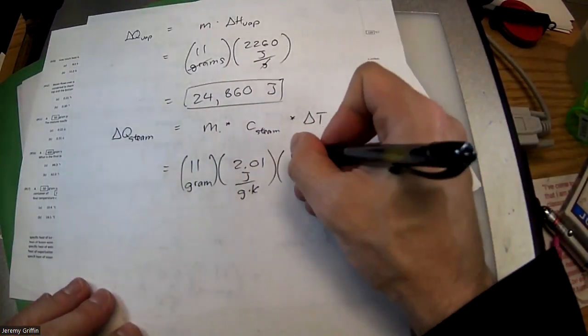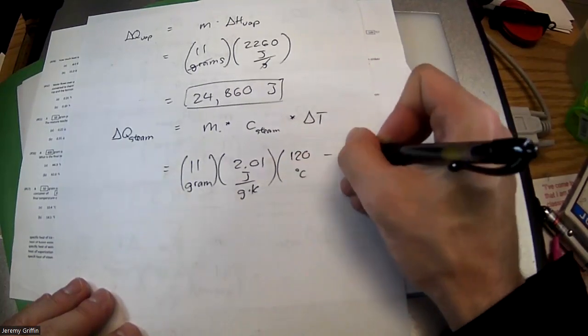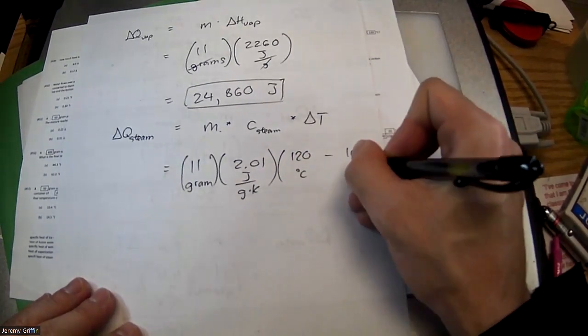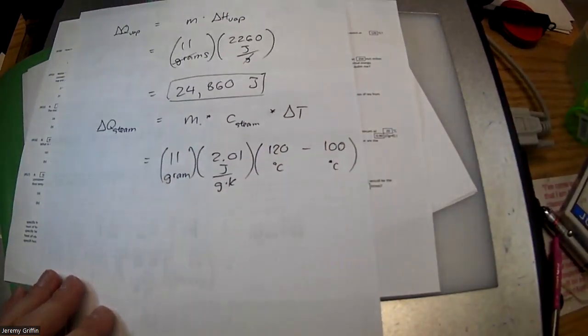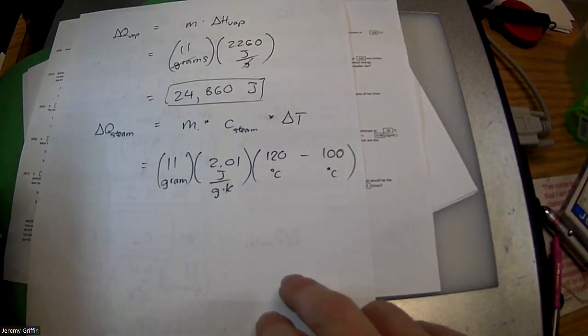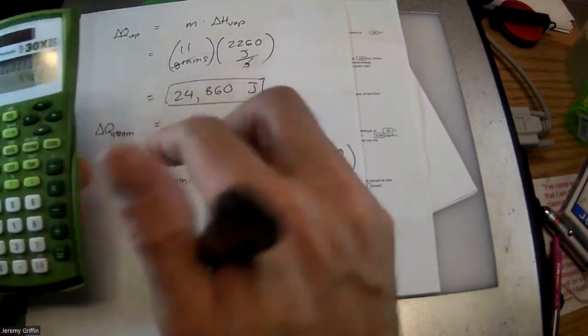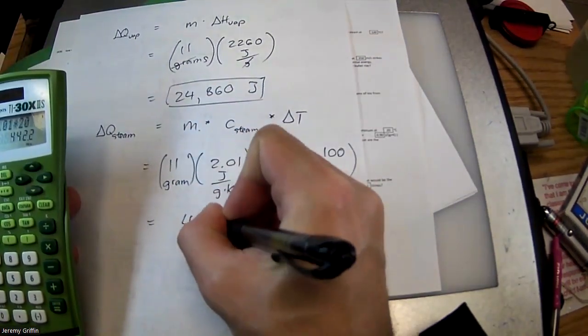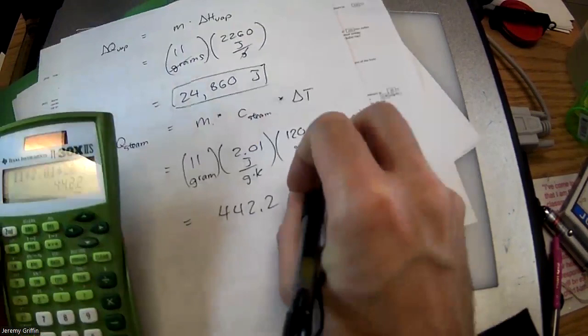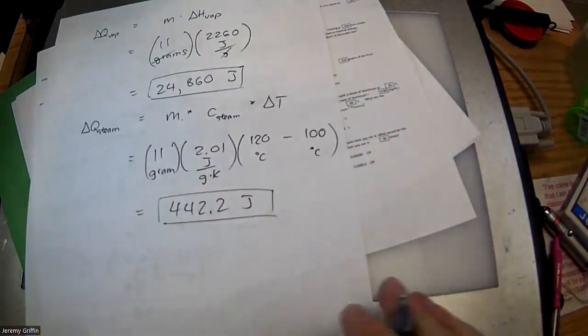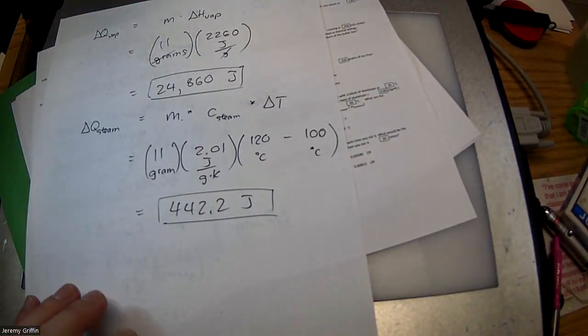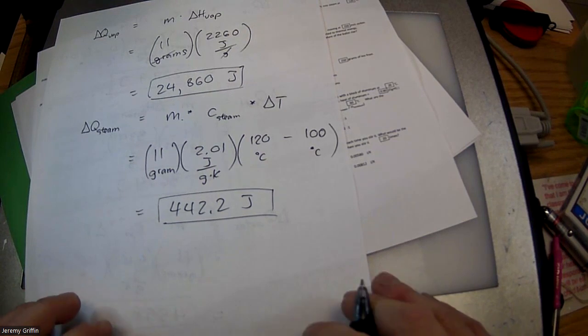And I'm going to bring this to 120 degrees Celsius from 100 degrees Celsius, which is a change of 20 degrees Celsius. You could also call that a change of 20 Kelvin. This many joules. Boom. All right, that is the last leg of that journey.